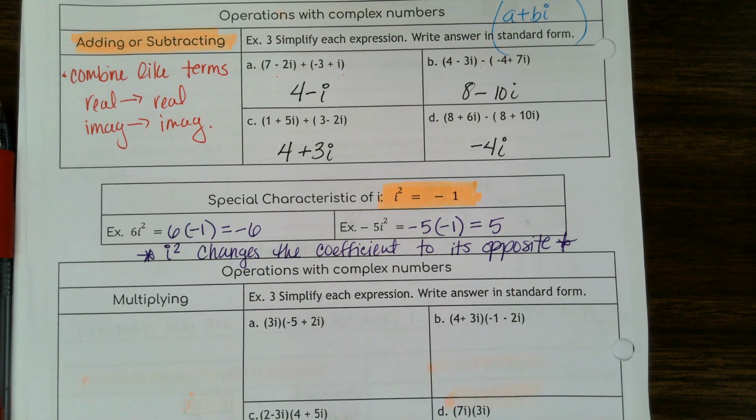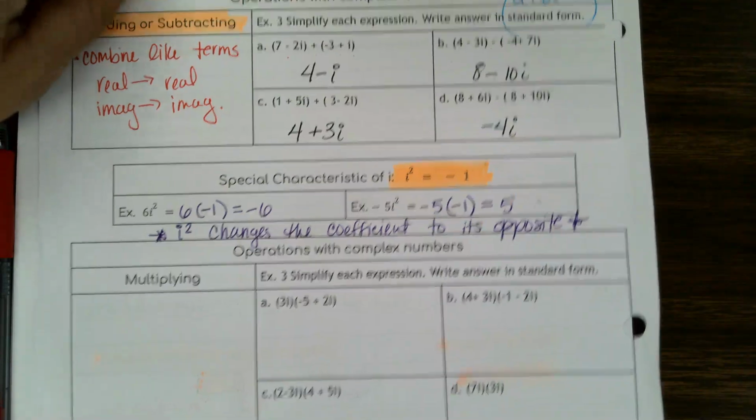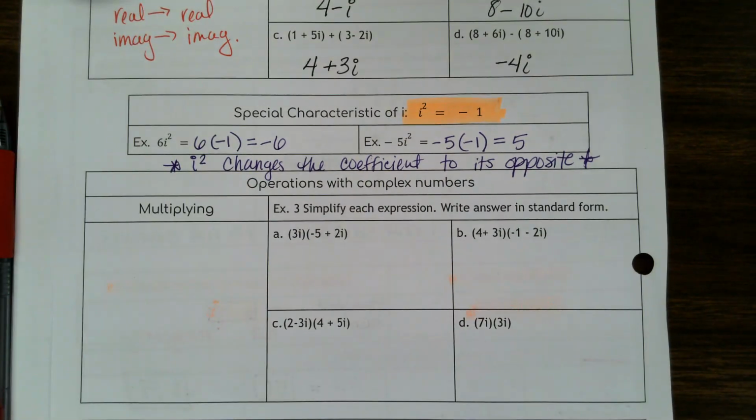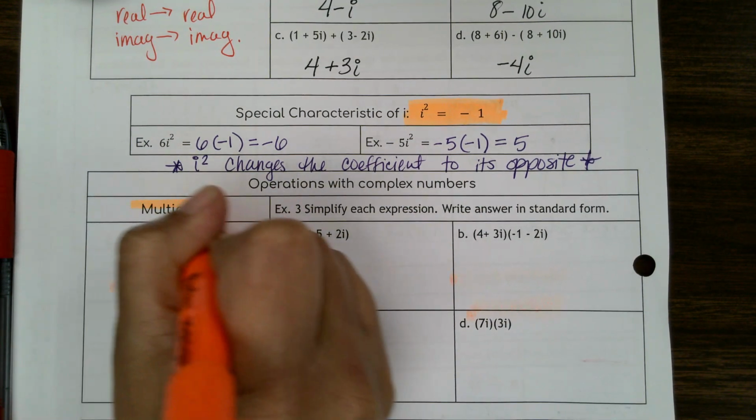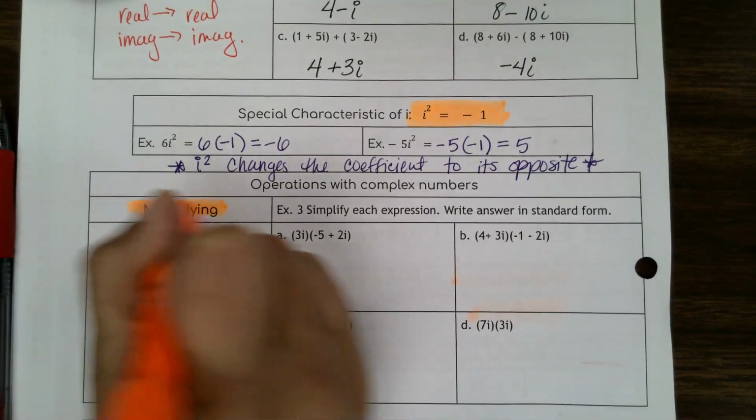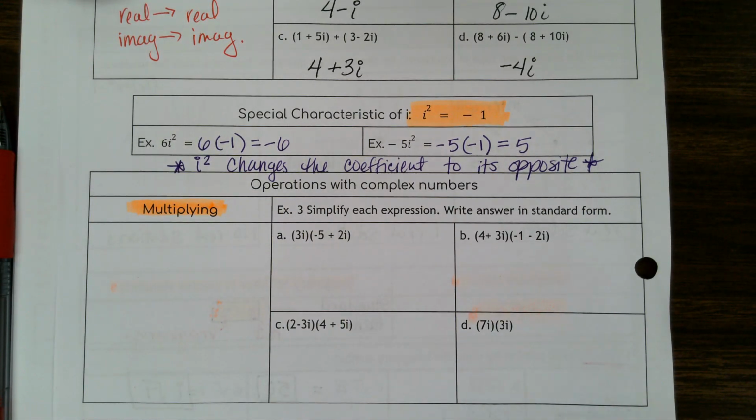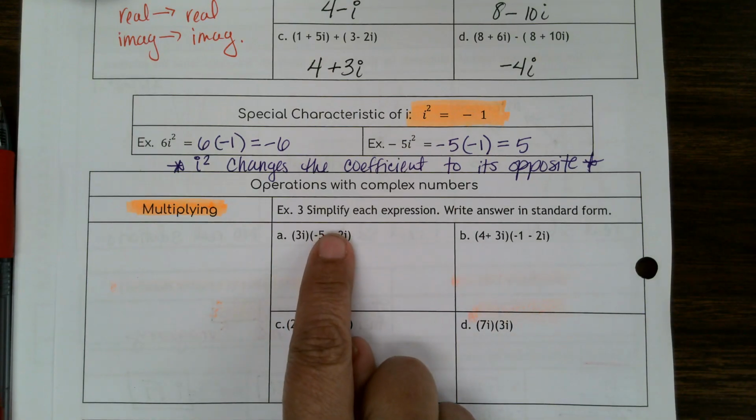Okay, so what I would do is make sure to write what I'm going to show you right now, then pause the video and watch how to multiply complex numbers. But before you do that, I want you to write this part down. Again, notice it's telling you to simplify.